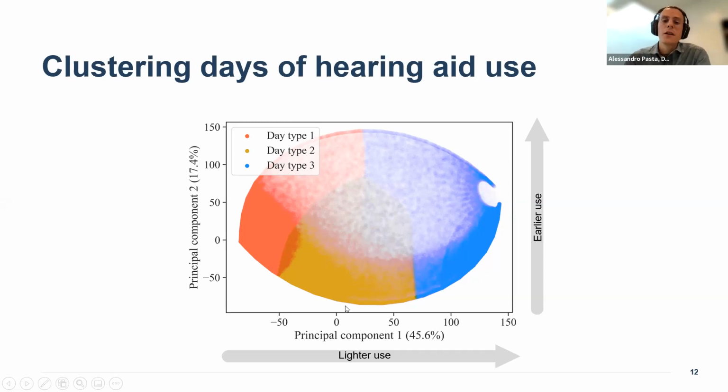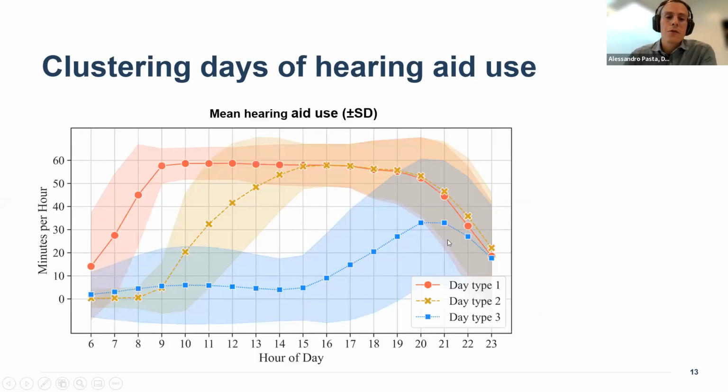And if we look at the average position of these 3 clusters, we can have a graph like the following. So here we have a y-axis where we show the average usage of the hearing aids in minutes per hour, so from 6 to 60 minutes. And then we have the 18 hours of the day from 6 in the morning to 23 in the evening in the x-axis.